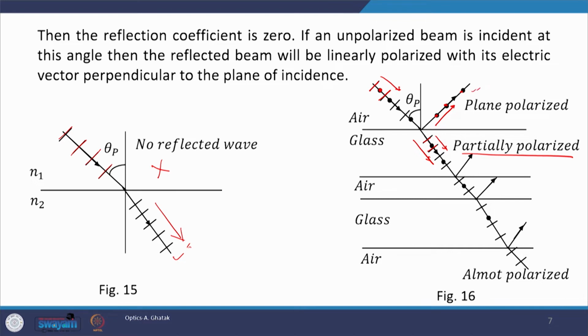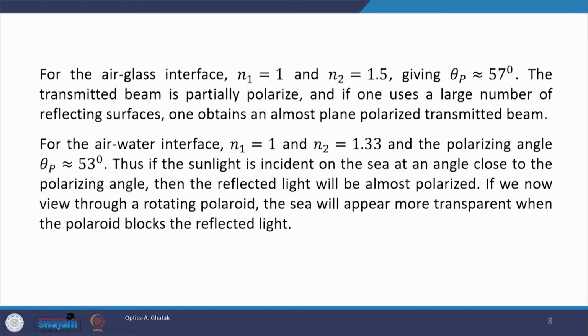But if we use a stack of material, in this case air-glass, in a periodic arrangement, then due to multiple reflection and refraction, ultimately we get almost polarized light at the output, at the transmitted end.